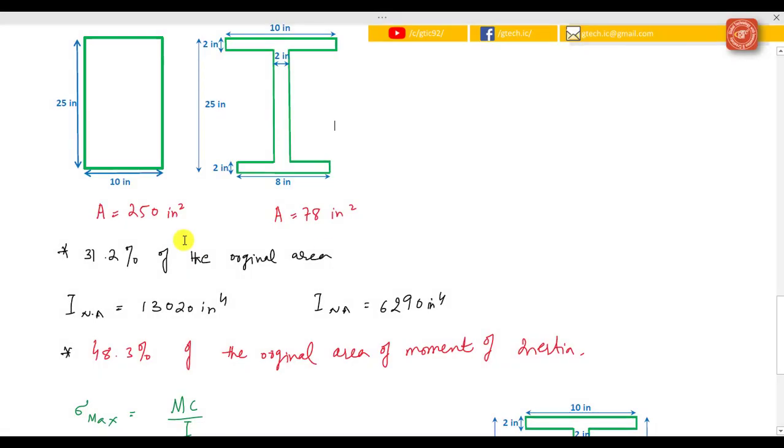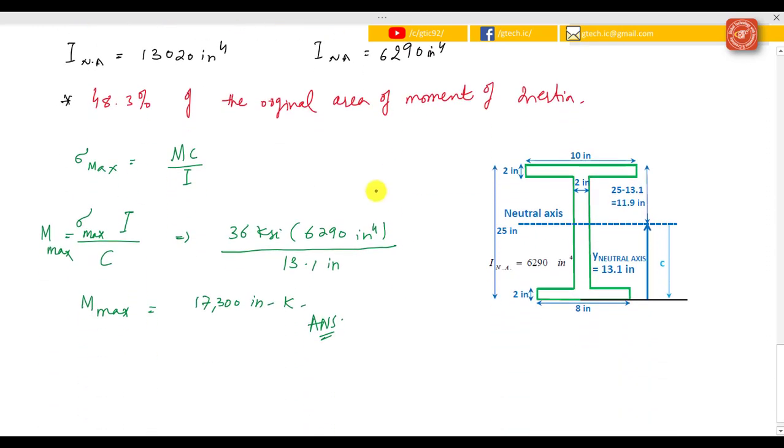You can also compare the moment of inertia: the rectangular cross section from problem 1 is 13,020 inch to the fourth, and that of this I cross section is 6,290 inch to the fourth. So you clearly see 48.3% of the original moment of inertia remains.